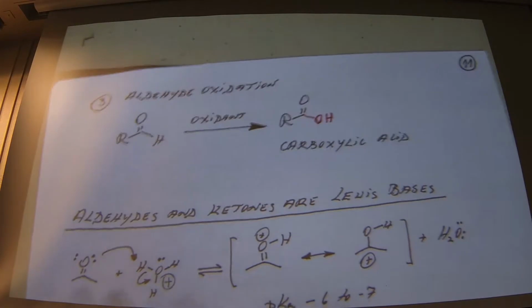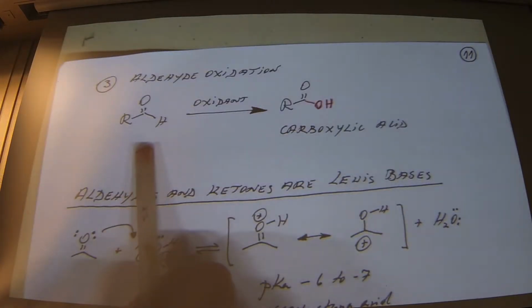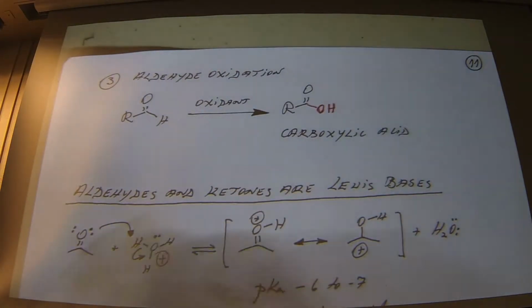So it reminds us a little bit of the kinds of additions that we saw to regular old alkenes, not alkenes where one atom is a carbon and the other is an oxygen. And then there's a unique reaction that I alluded to moments ago, which is the oxidation of the aldehyde all the way up to the carboxylic acid. Okay, so these are the kinds of reactions that we see.